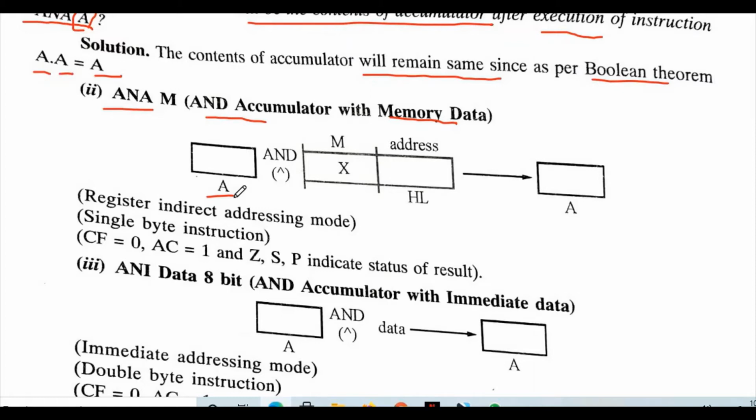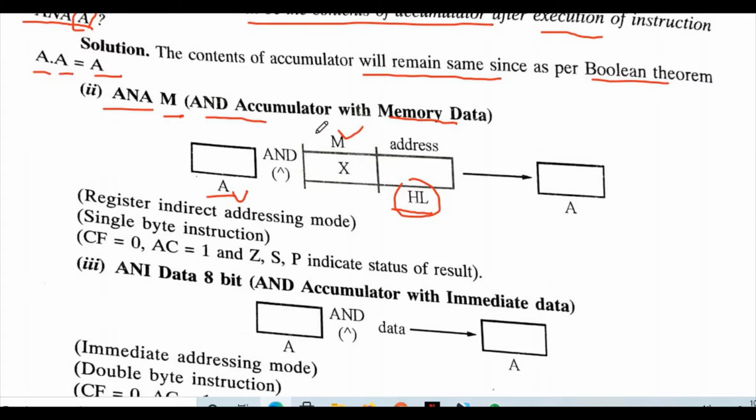So in ANA M, the microprocessor will take the first data from the accumulator and the second data from the memory. Which memory? The memory whose address is stored in the HL pair will be taken as the memory, and from that memory the microprocessor will take the second contents.